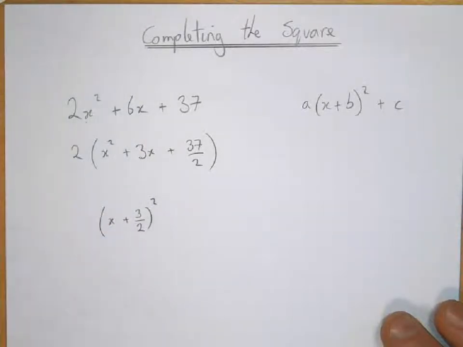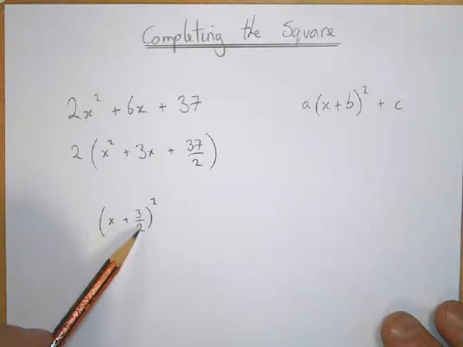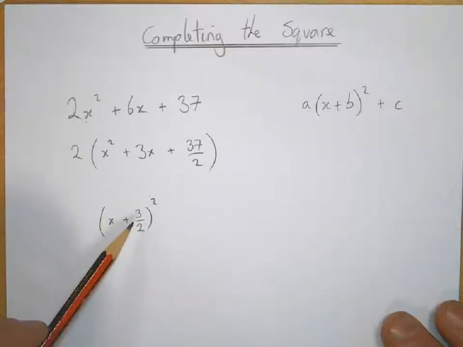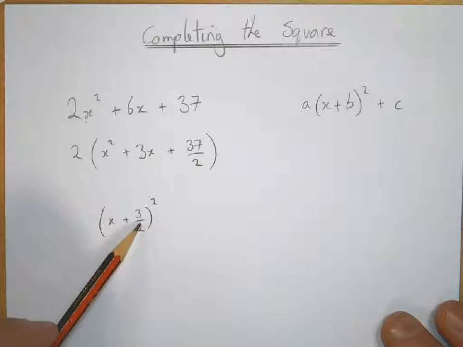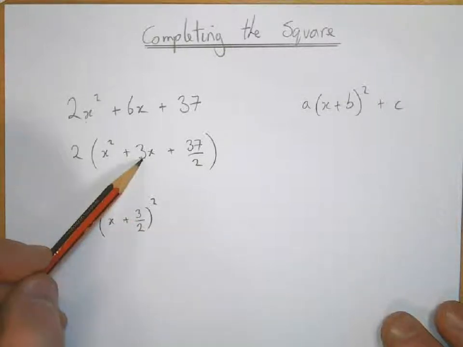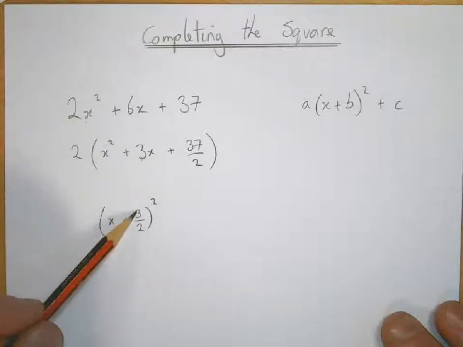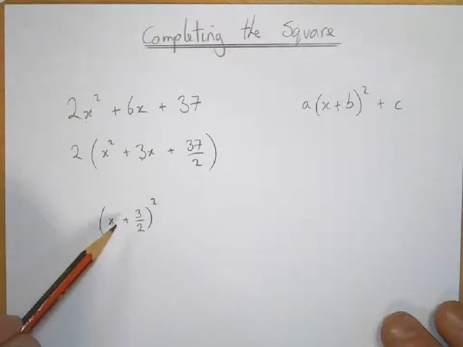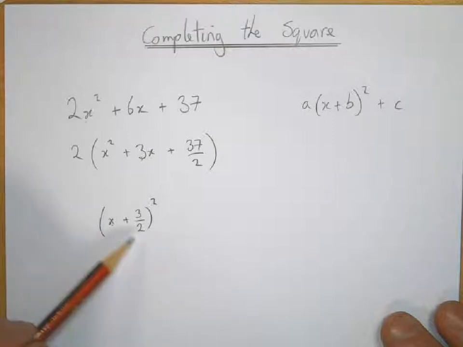So for example, you could write this again as 1.5 if you wanted to. If that was written as 1.5, it'd be 1.5 times x doubled would give you the 3x. Or 3 over 2 times x is 3x over 2, doubled is 3x.